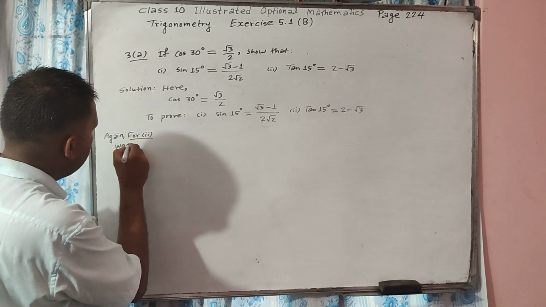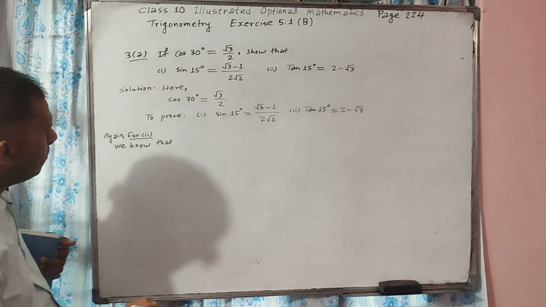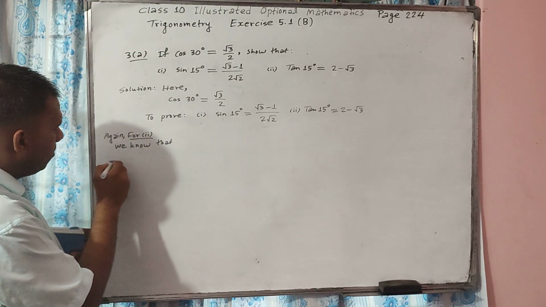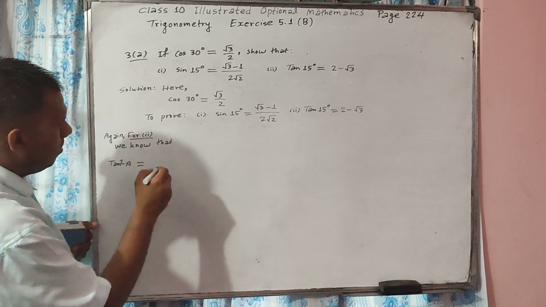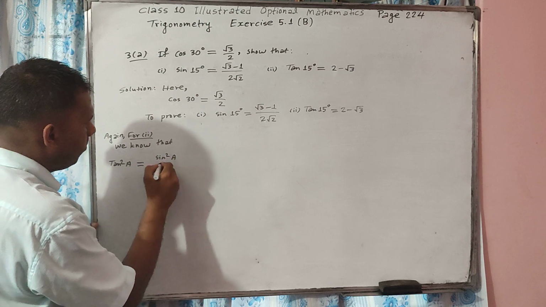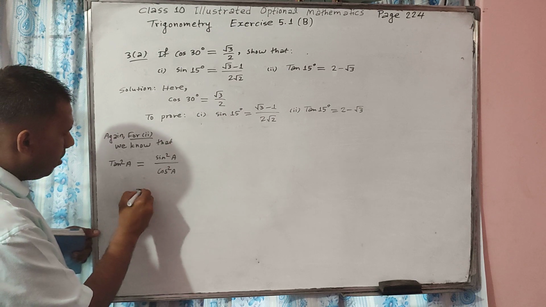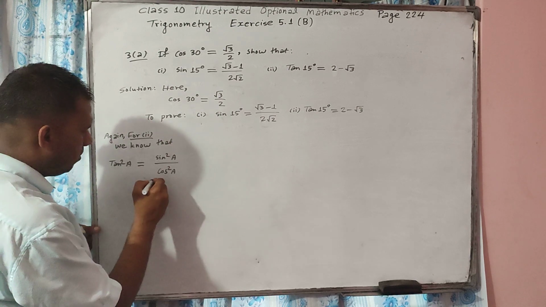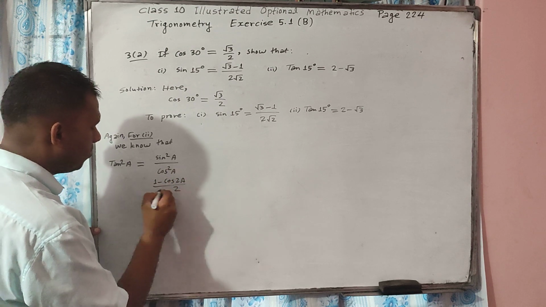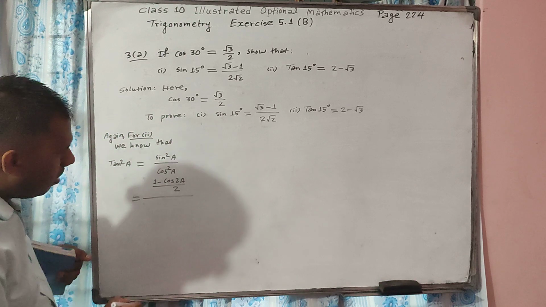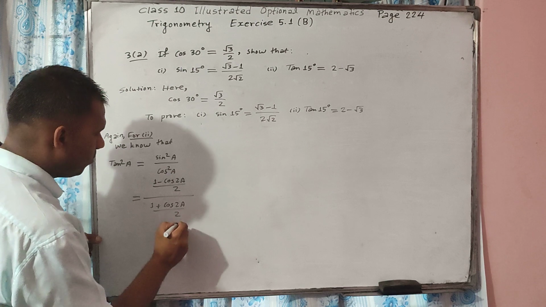We know that tan square A equals sin square A upon cos square A, equal to sin square A, that is 1 minus cos 2A whole upon 2, over cos square A, that is 1 plus cos 2A whole upon 2.